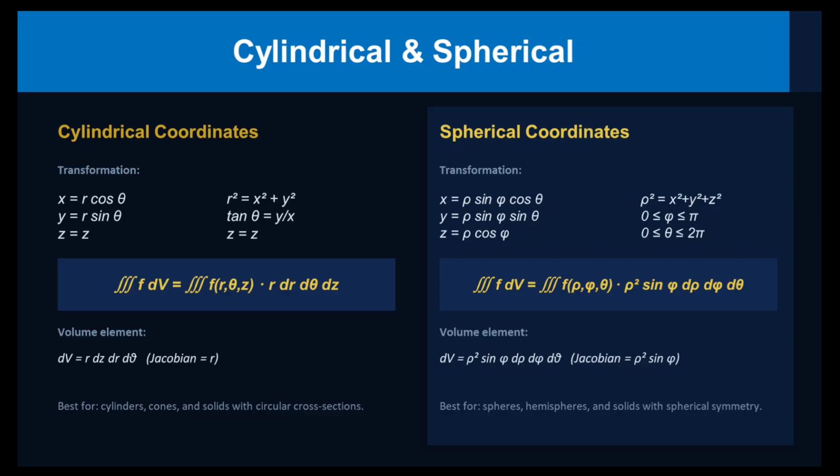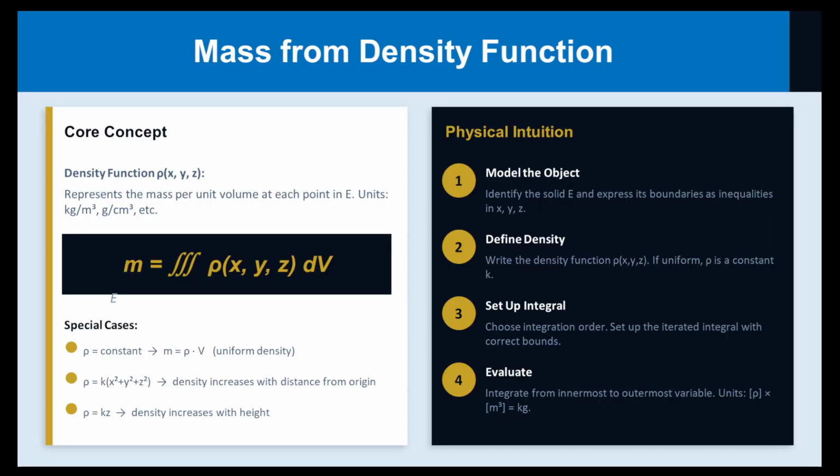The volume element becomes dV equals rho squared sine phi d rho d phi d theta. Again, the extra term comes from the Jacobian. So changing coordinates makes complicated calculations easier. And in the next slides, physical applications: mass from density functions.